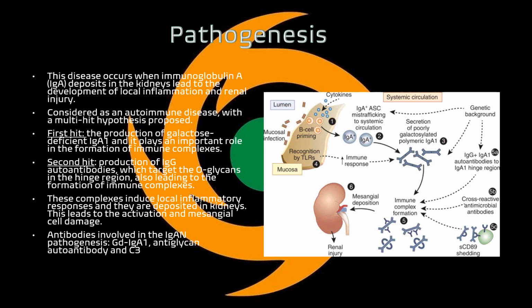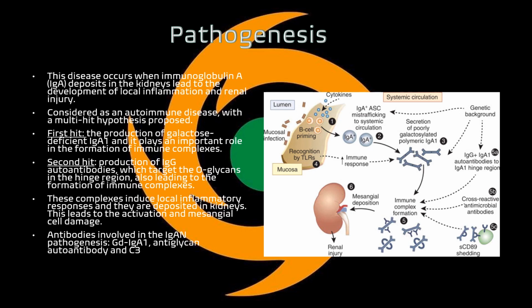The antibodies involved in IgA pathogenesis can include GD IgA type 1, anti-glycan autoantibody, and C3.